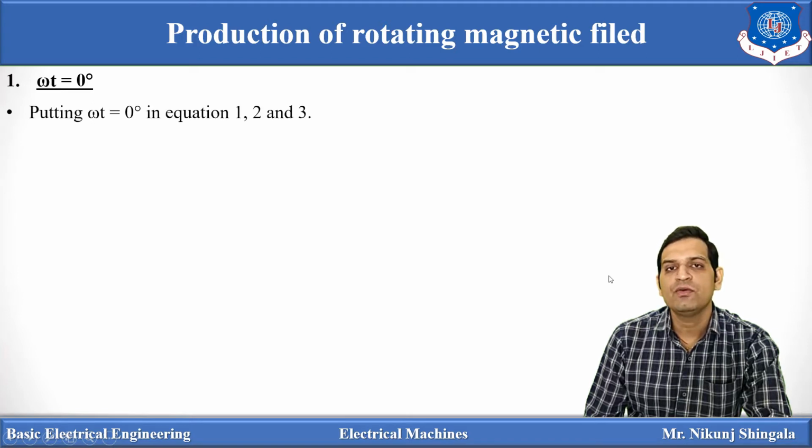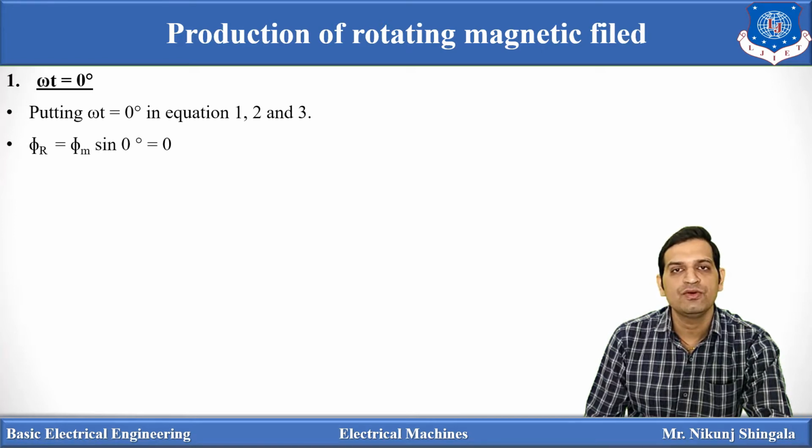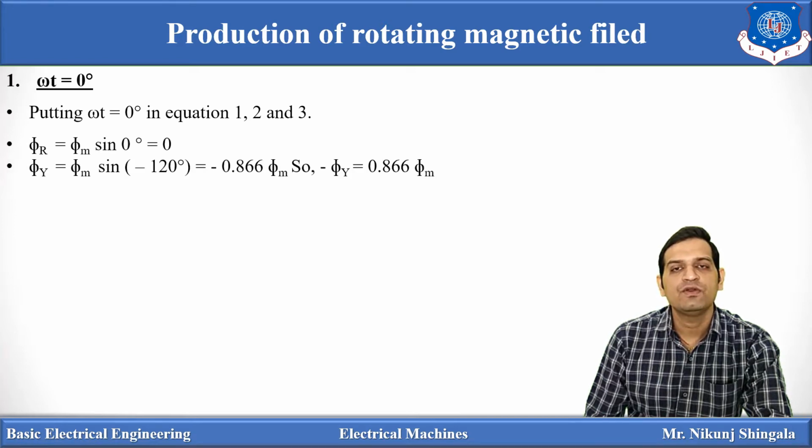Putting the value of omega t equal to 0 in equations 1, 2 and 3, we get phi R equal to phi m sin 0, which is 0. Phi Y is equal to phi m sin (0 minus 120), that is minus 0.866 phi m. So we can write minus phi Y is equal to 0.866 phi m. Phi B is equal to phi m sin (0 minus 240 degree), that is 0.866 phi m.